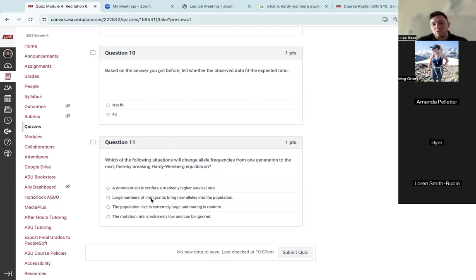But if those new alleles can be integrated randomly, and there's random selection and random mating, you can still follow Hardy-Weinberg equilibrium. You would just have more alleles to work with. That's at least how I would go about this question. So ultimately, looking at that top option, that the dominant allele confers a higher survival rate, I think that might actually break the equilibrium more. That might be a better answer, if that makes sense. Perfect. Thank you. Yeah, of course.